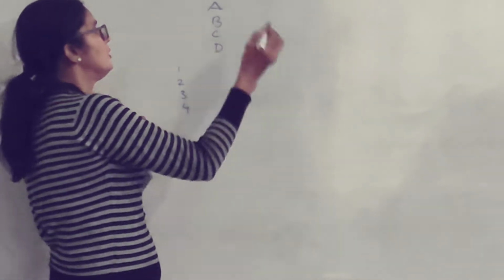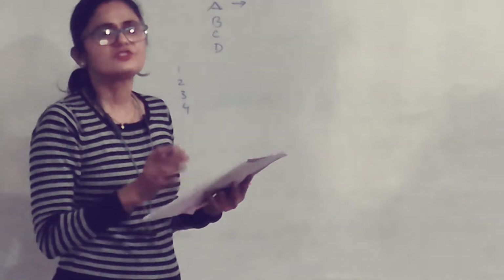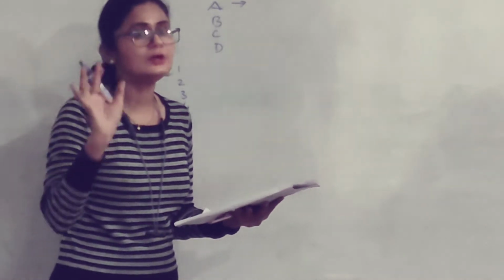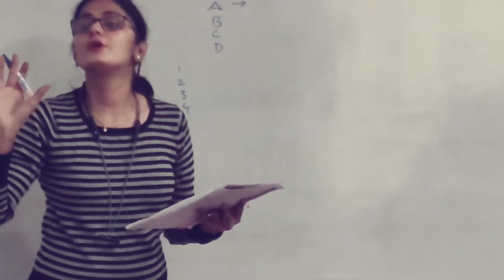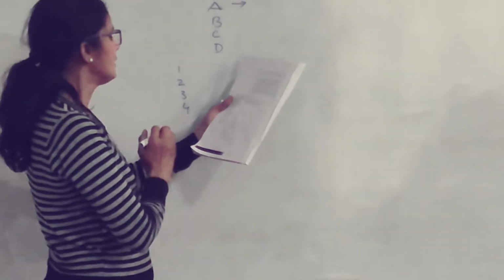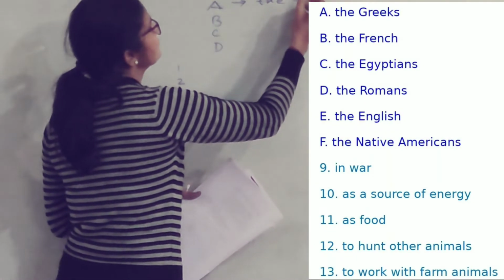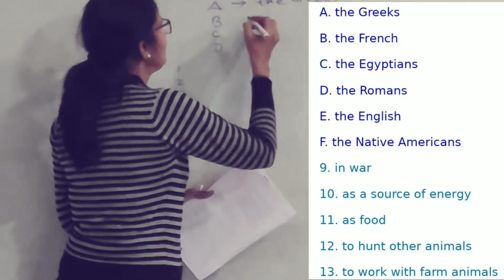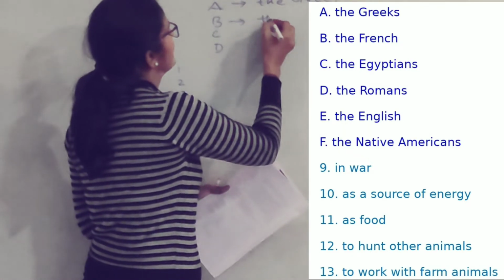Actually, the options may be nouns, meaning some place, or some person's name, or some year also. For example, here in front of me, the options are like the Greeks, and the second option is the French.